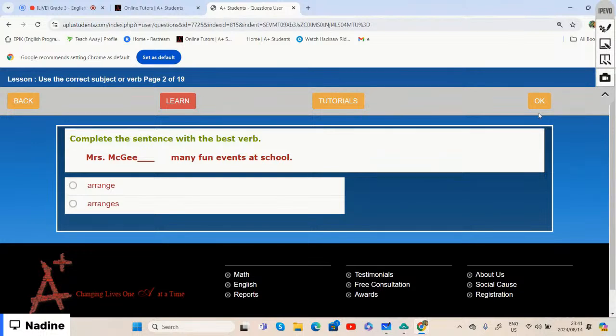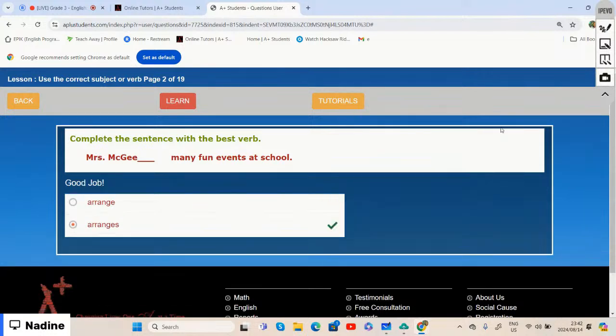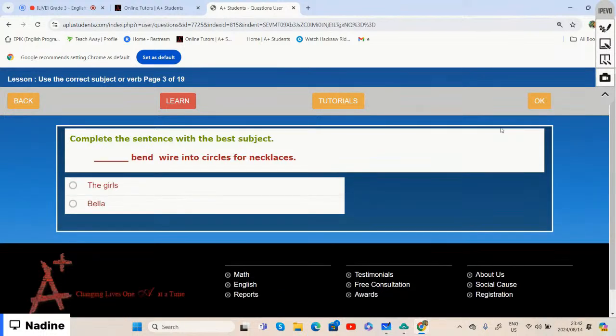All right, and it says if we complete the sentence with the base verb, then Mrs. McGee. Yes, we can say Mrs. McGee arranges many fun events at school. Well done. Because remember, it ends with an S or ES or IES.